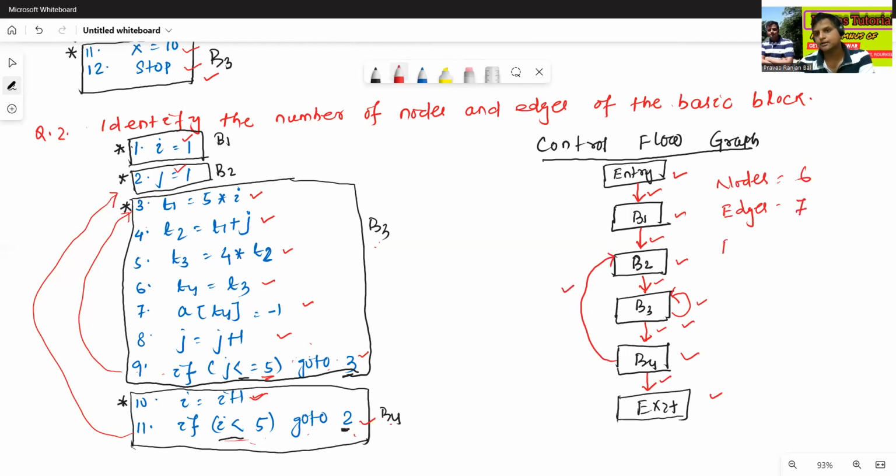How many basic blocks are here? 1, 2, 3, 4. So the number of basic blocks equals 4. In this way we can construct the basic blocks.